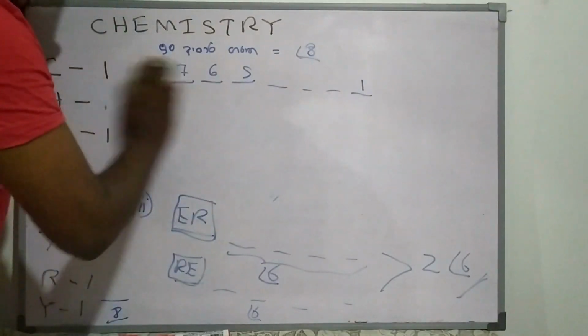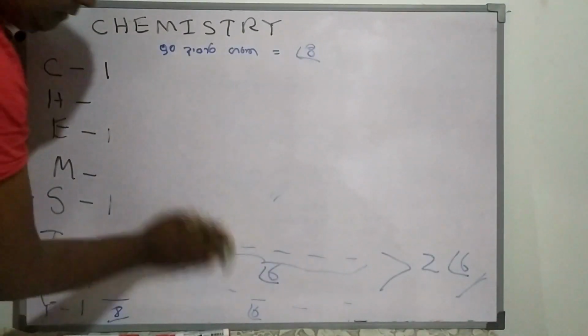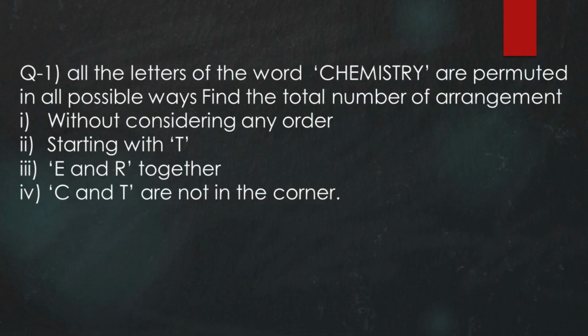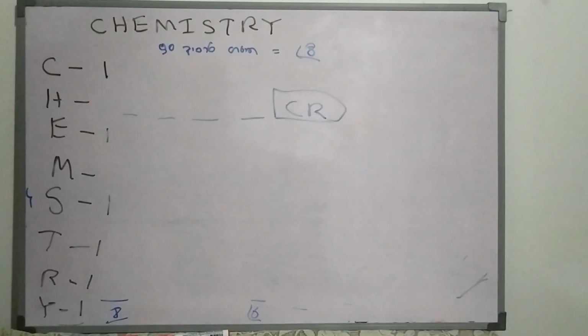Okay, let's move to the next row number, which is C and T are not in corner. Actually not T, it's CR, right?